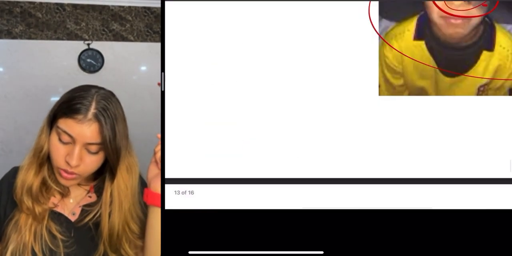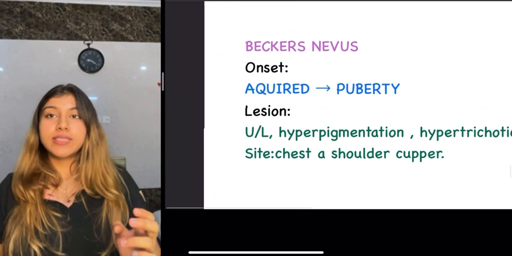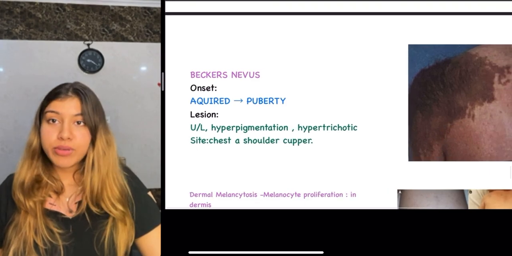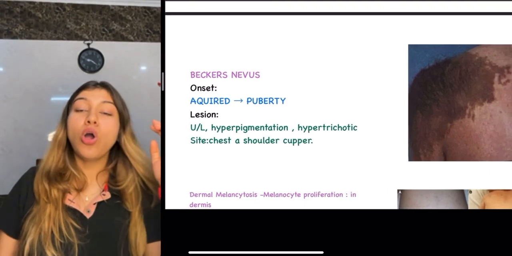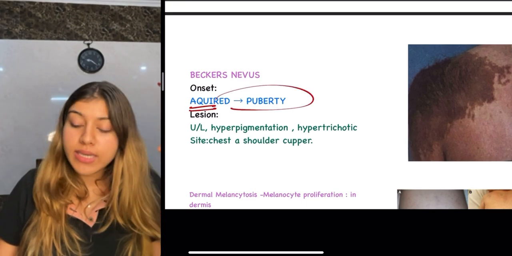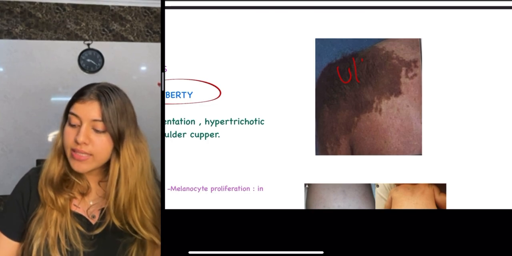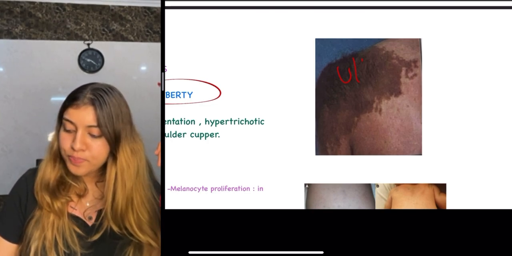Next, guys, let us talk about our Becker's nevus. Becker's nevus, the onset over here is acquired. When do I generally get it? During puberty. What is the lesion? I hope you can see this is a unilateral lesion.